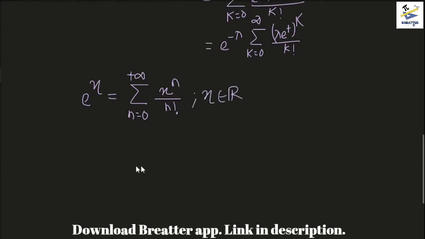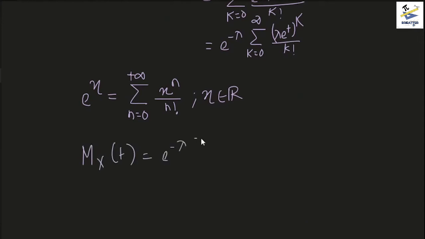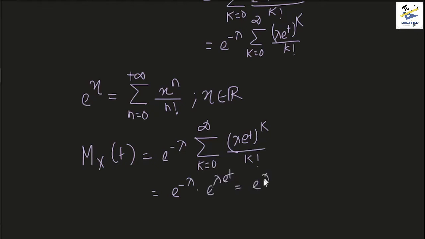Then the above moment generating function would be M_X(t) equals e to the power minus lambda, sum over k equals 0 to infinity of (lambda e to the power t) to the power k by k factorial, and this becomes e to the power lambda e to the power t, and in all we get e to the power lambda into (e to the power t minus 1), right? This is the moment generating function, right?